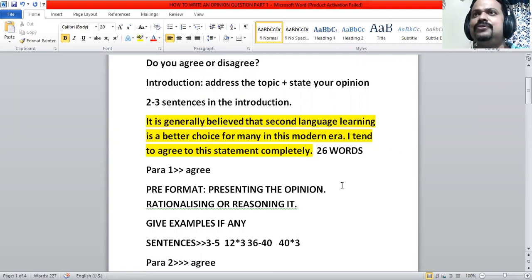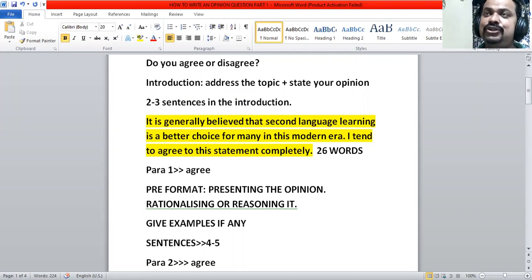I think that we should write around 80 words. So in order to get around 80 words in this paragraph, I have to write a minimum of 4 sentences. And each sentence should have an average of 20 words, or else you have to go for a 5th sentence. So the ideal sentence count here is 4 to 5.